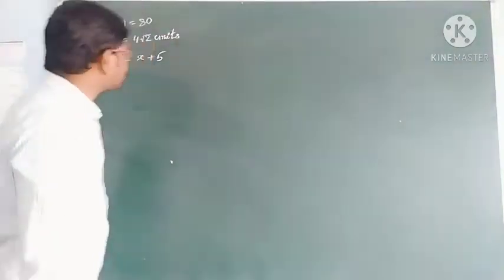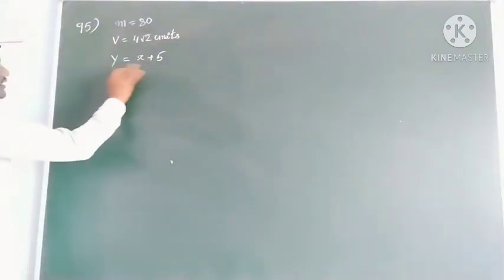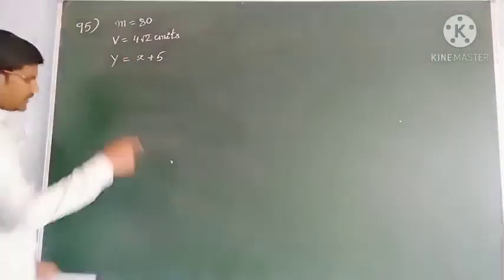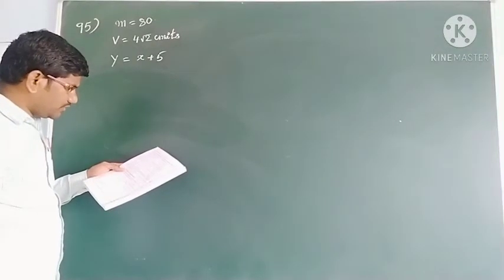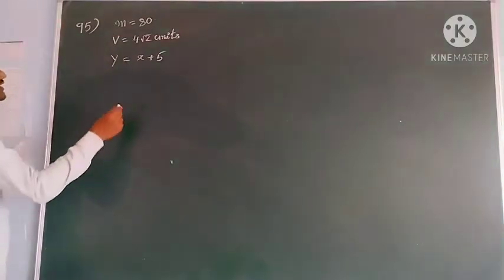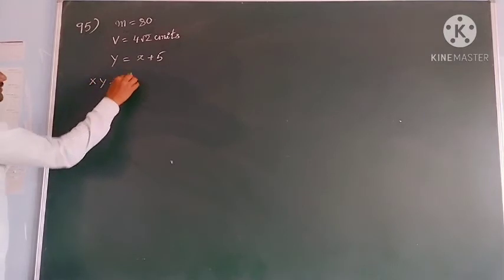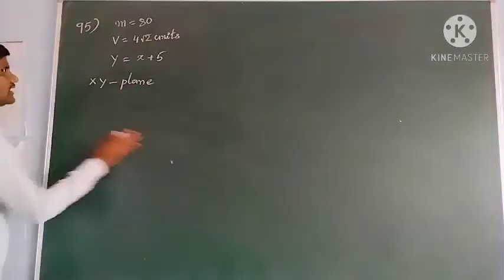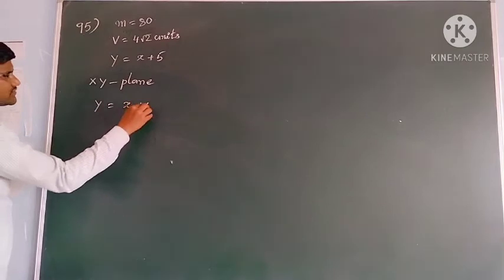Okay, so now draw the graph of y is equal to x plus 5, since the particle is following this line path. A particle of mass 80 units is moving with a speed of 4 root 2 units in the xy plane, and along the line given by y is equal to x plus 5.